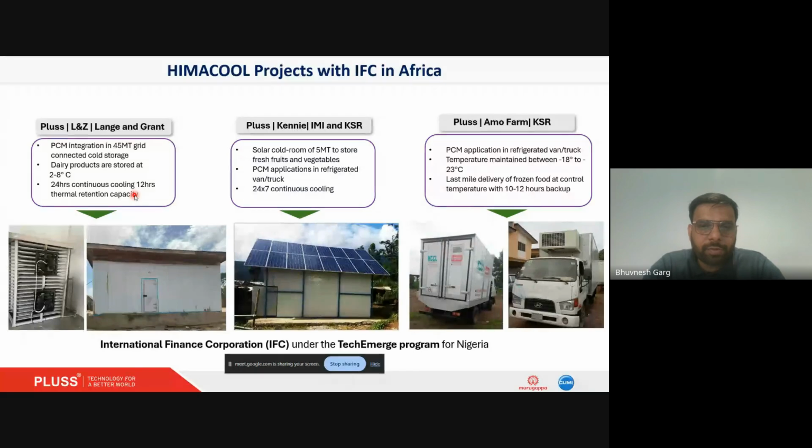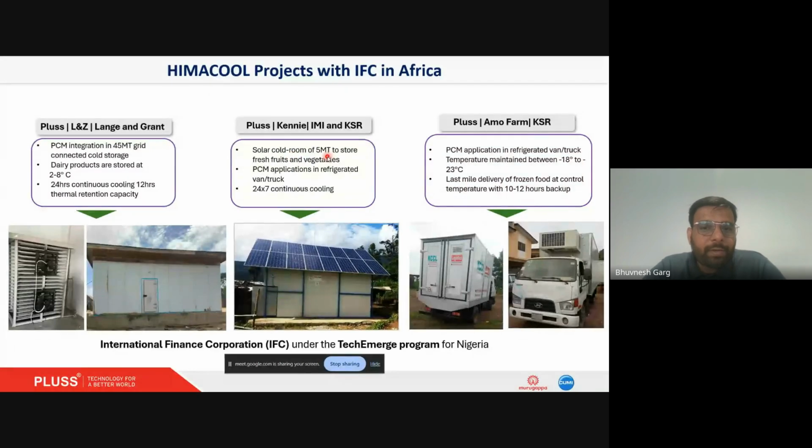This was one of the projects, and then there was another project done with Kenny. These are our partners along with whom we have done these projects. They did the installation for us, and they executed this project on site for us.